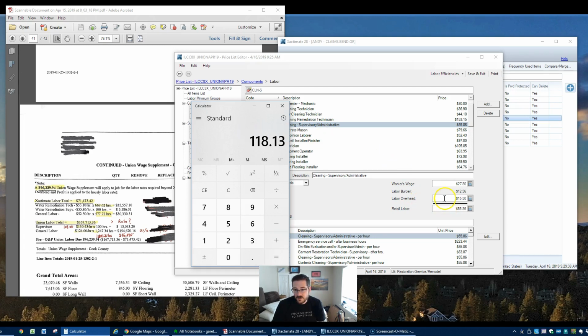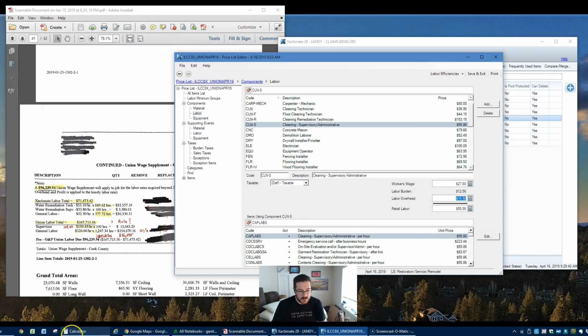Gives me a new labor overhead calculation of 118.13. This is the same way we adjust when we do a custom price list. I've got that calculator available for sale. If you want to look at it, check it out. I'll probably link it up here.